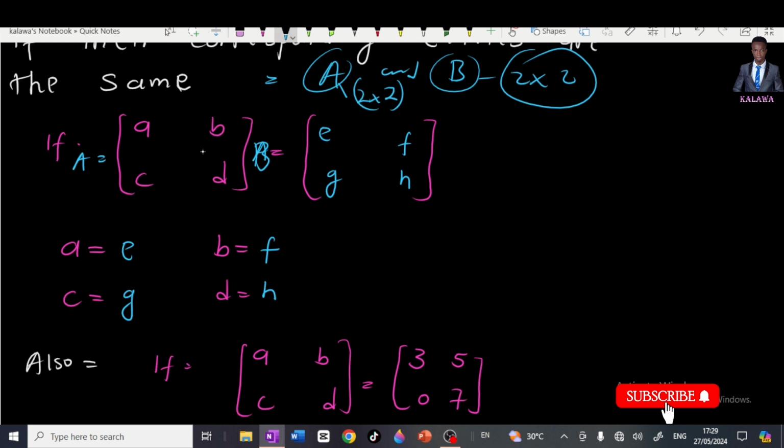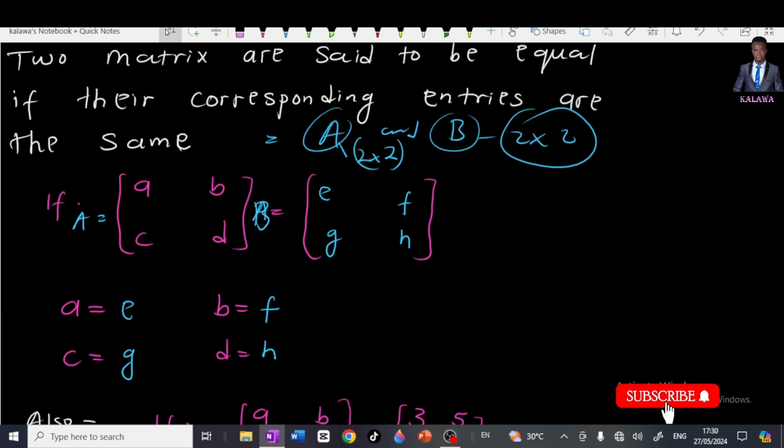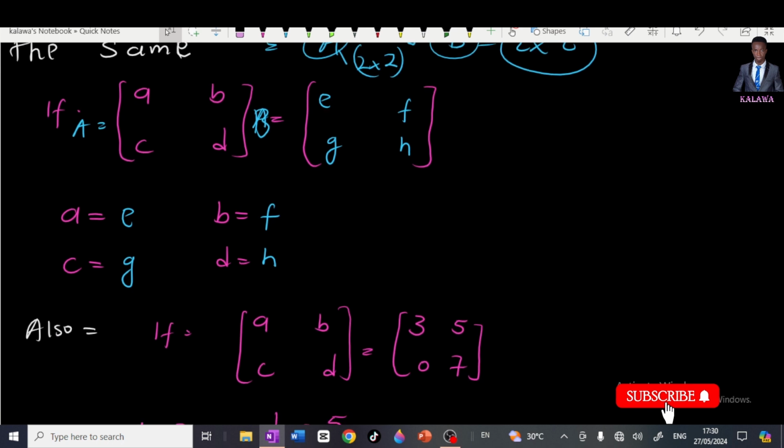The first row must equal the first row in the second matrix. A must equal A, and this must equal this. Again, B must equal this, and then D must equal this.